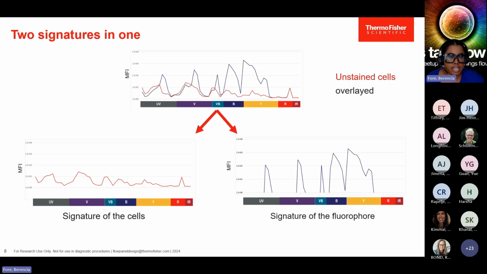Here on this slide is another illustration of the same thing that I've been saying. In the blue, we have the signature of the fluorophore. And in this example, cells were used as the reference control. In the red, we have the unstained cell signature, or just the autofluorescence signature of the cells in the reference control. So you can think of your actual reference control as two signatures in one.